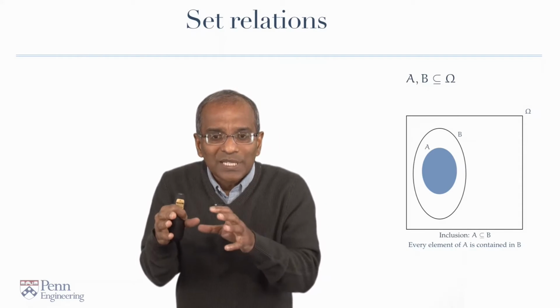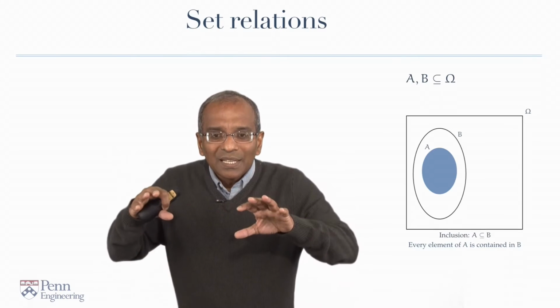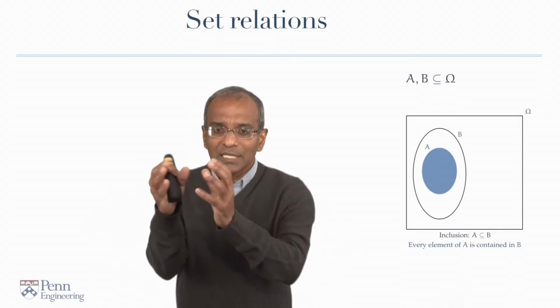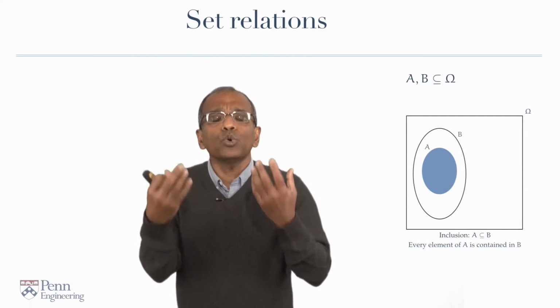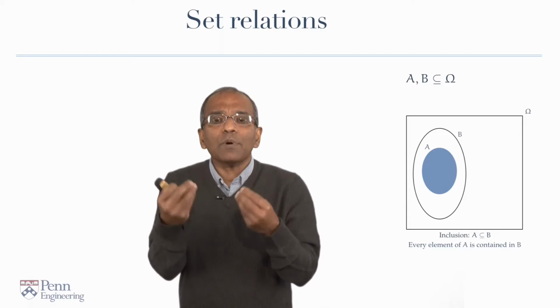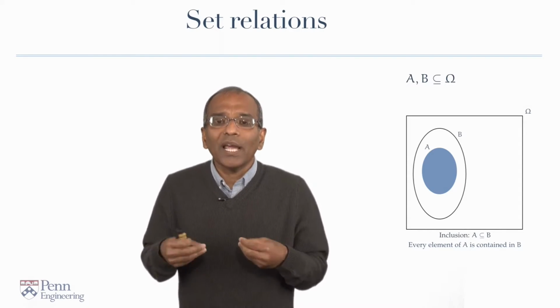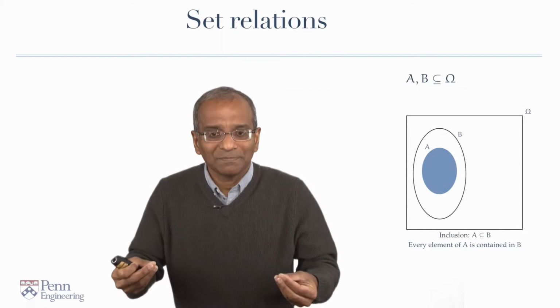I have not told you exactly what omega is and what A and B are, but whatever that underlying abstract relationship, I'm saying that this kind of picture connotes a membership, an inclusion. Every member of A in this setting is in B, or A itself is a subset of B.